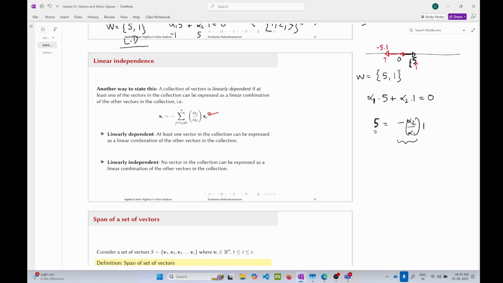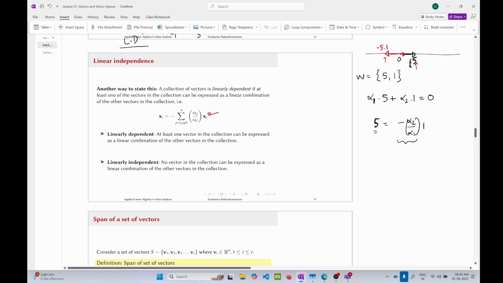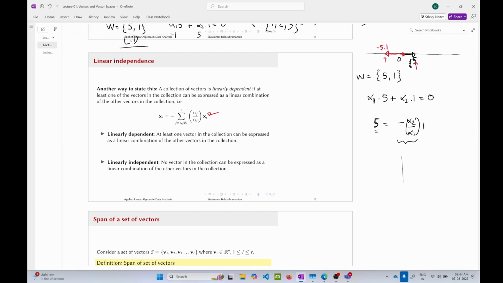See, in the real line, we could understand the geometry. Let's look at it for R2. Let's say I choose this vector x as my set.